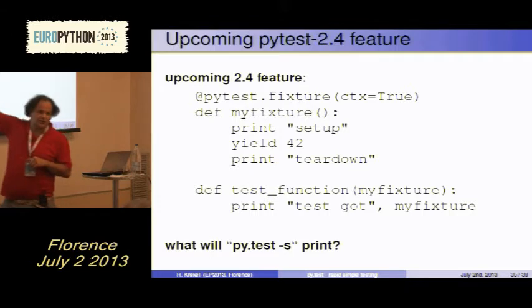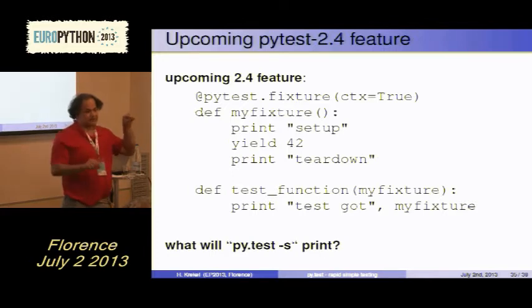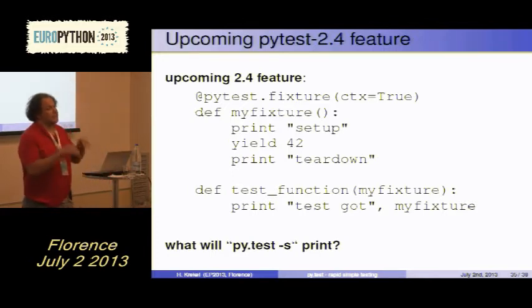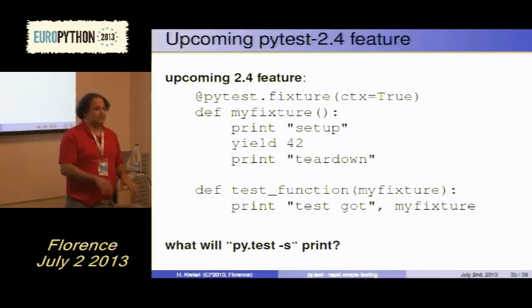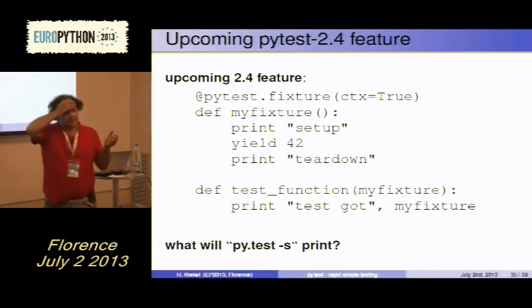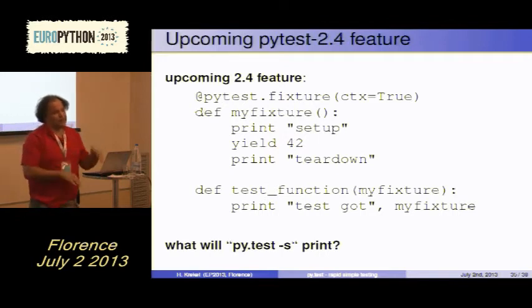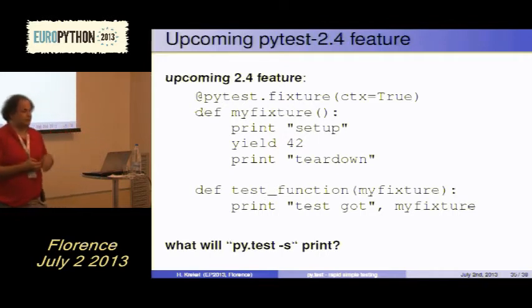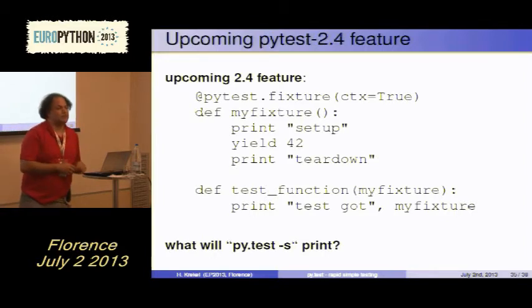The context manager means that everything before the yield is actually the enter phase of the with statement that you usually have. The yield is actually the value that is provided. And what comes afterward is basically the exit phase of the context manager. If you accept this and you accept the yield statement, it's a nice linear way to write your setup, then provide the value, and then do the teardown.